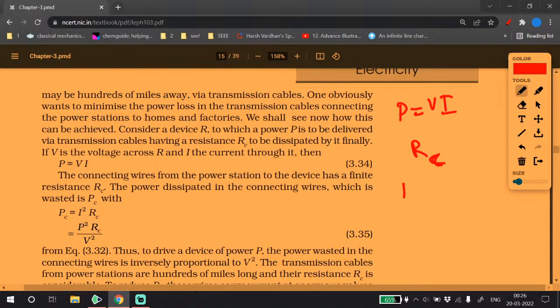The power dissipated will be PC equal to I square RC, where I will be P by V, so PC is P square by V square into RC.